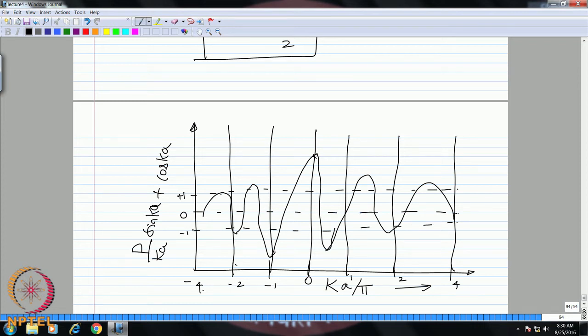What is the region in which you can find the roots? Only where they coincide, where values of cos kappa A will be equal to these values. Now, there are values which are above plus 1 and minus 1 for this particular function; if you shade it, these are regions like this.